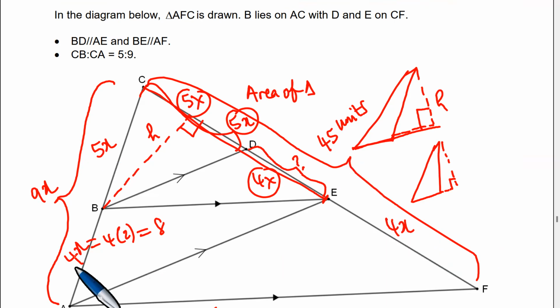We use different variables here because these can be of different lengths. So call this one Y. You can even call them Z. Strictly speaking, we need to use different letters. So in other words, if I call these 4Y, and this is going to be a 5Y from here to there in terms of the Y. So if you use X here, on the other side use a different variable.